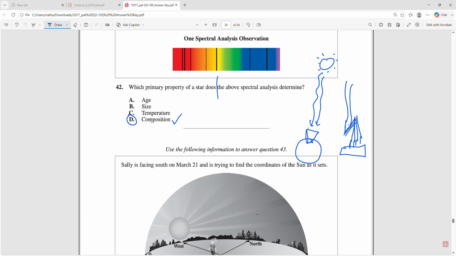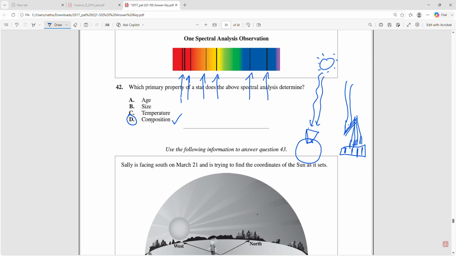Now these dark bands here, these show us basically that we see all the colors possible when we refract white light into its different wavelengths, and then we get a rainbow of colors. But then there'll be some bands that are missing.